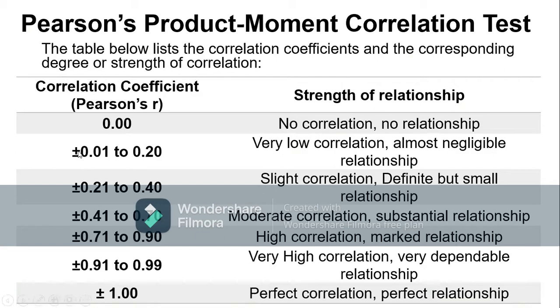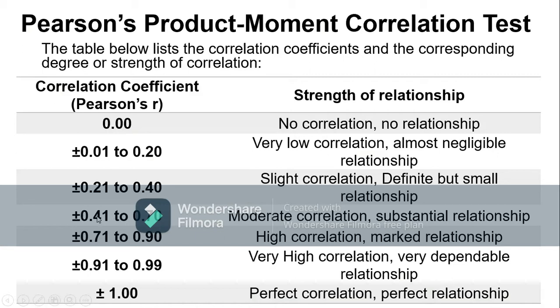Negative 0.01 to positive 0.20 pertains to a very low correlation of the two sets of data.